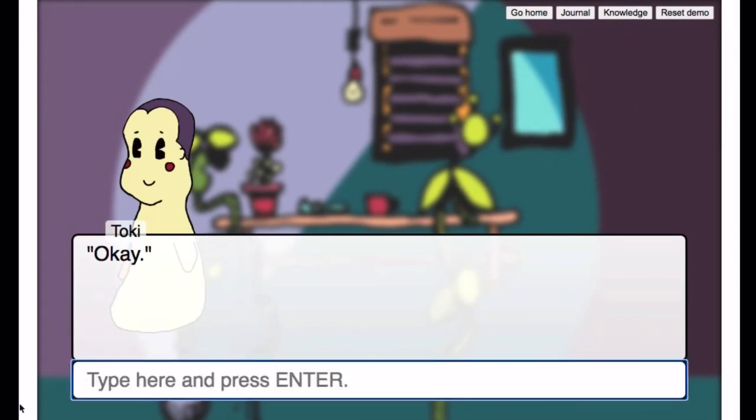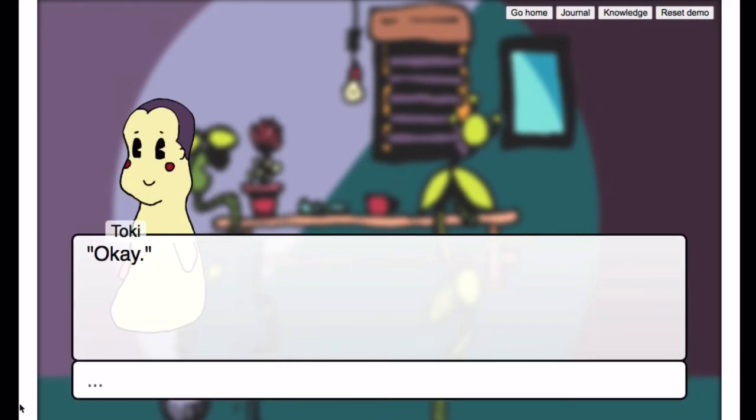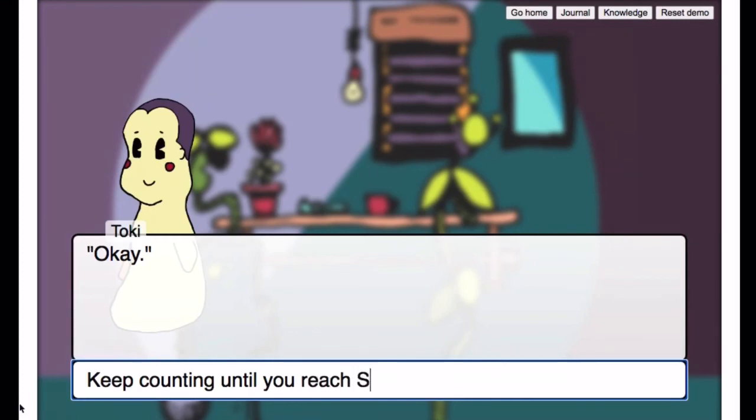So now then, you should start counting from Friday and keep counting until you reach Sunday, right? So we count from today to the day of the party.